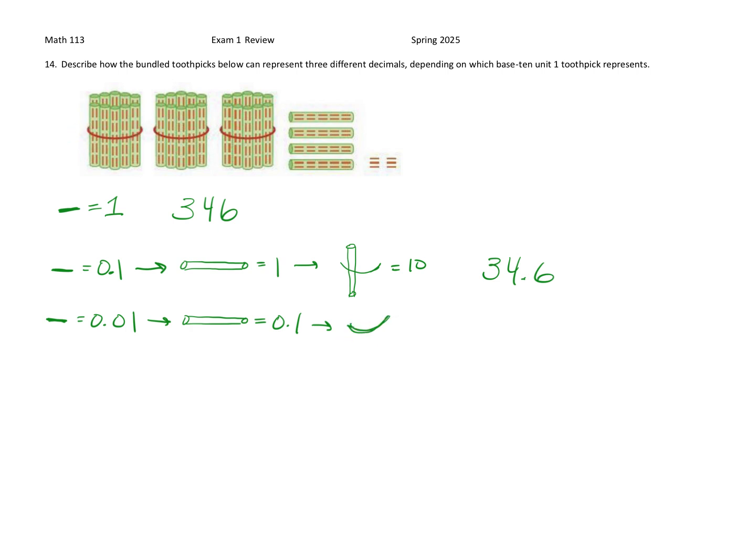So each of my super bundles is going to represent one, right? Because I have 10 bundles of 10. That's 10 bundles of tenths. 10 tenths makes a whole. So that means that these are hundredths, these are tenths, these are ones. So this is 3.46.